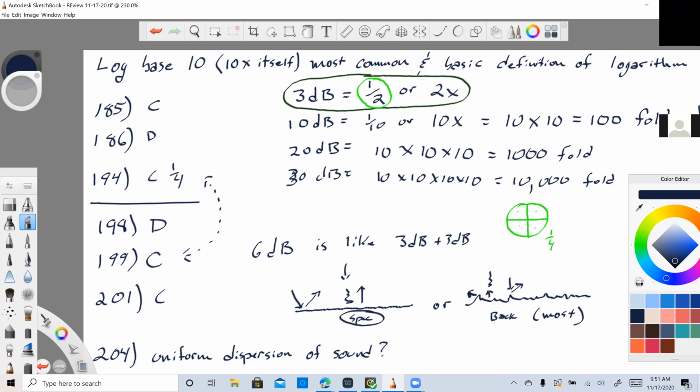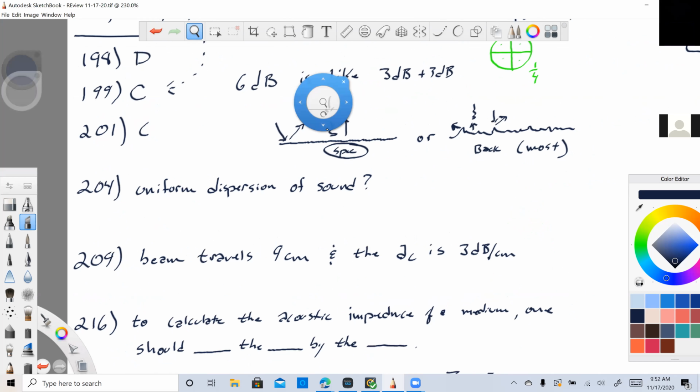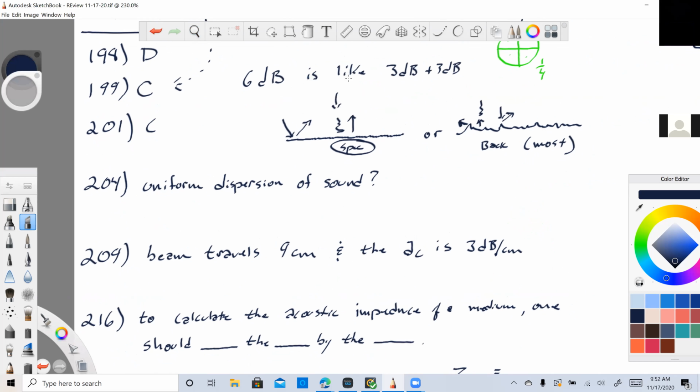Oh, this next one. This next one is good just because of the language. 204, what is the uniform dispersion of sound of a sound wave in many different directions after striking a small particle?